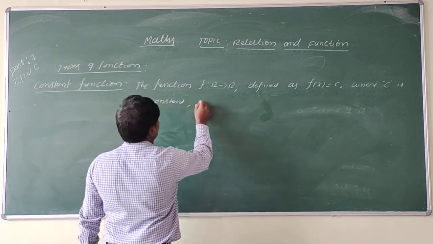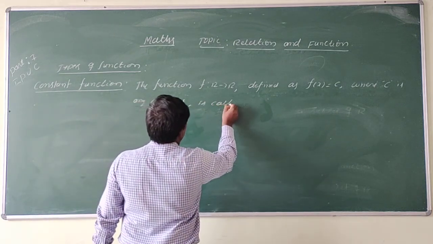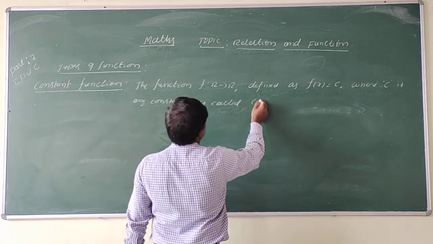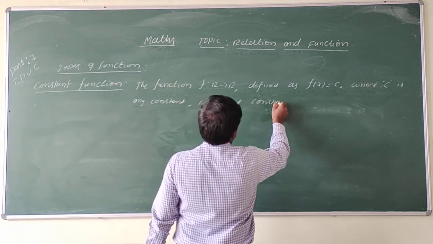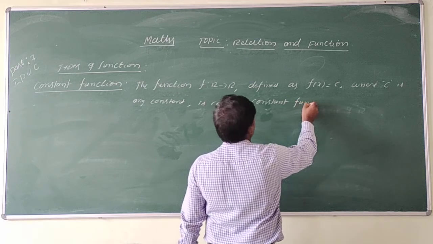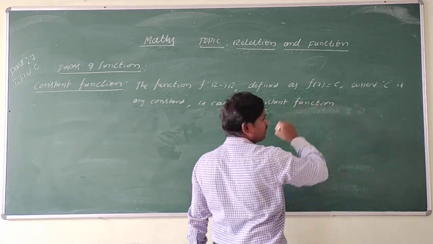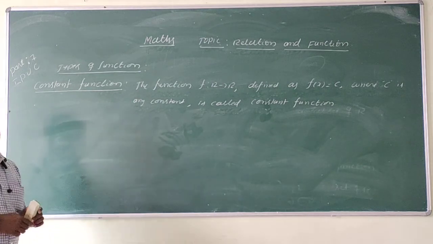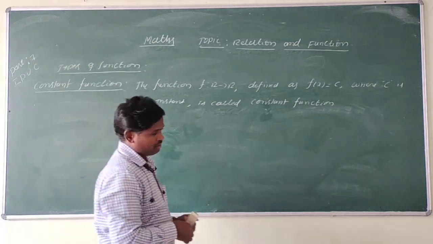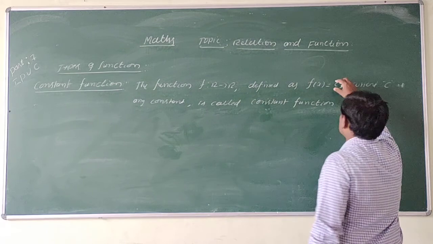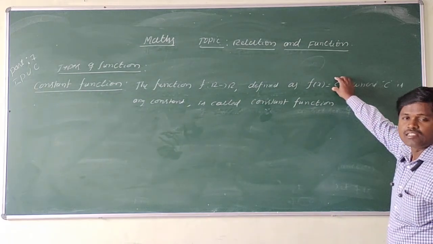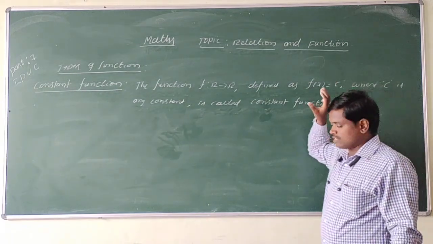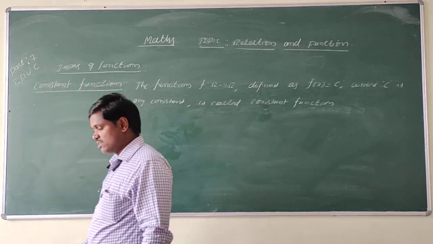Such a function is called constant function. See the function f of x is equal to c, where c is nothing but a constant.